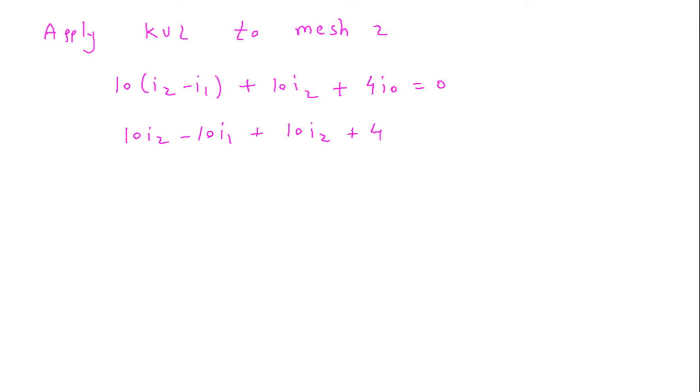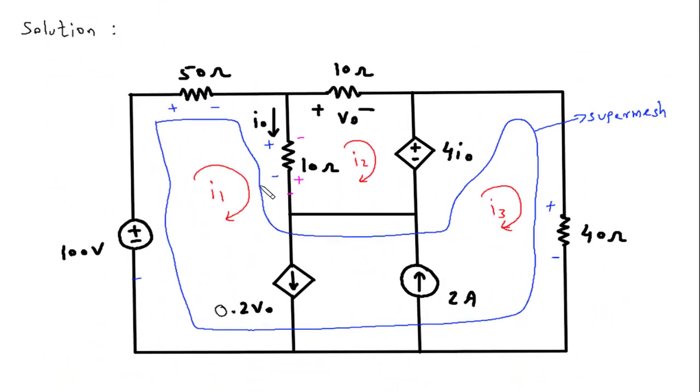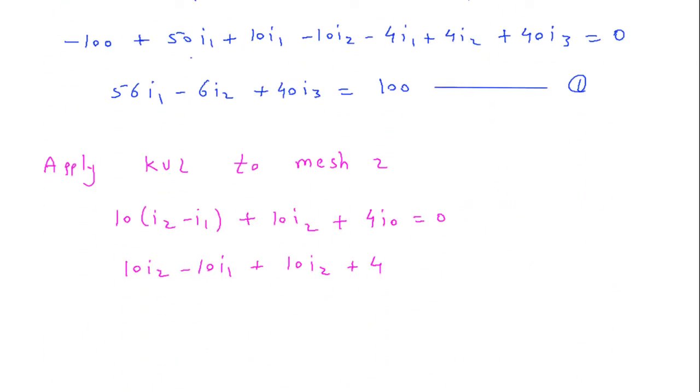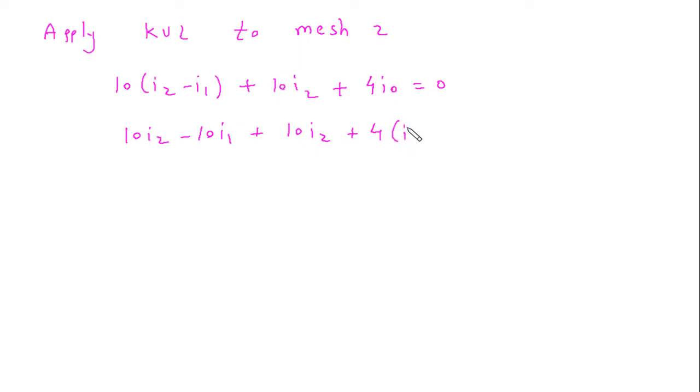Now this IO is replaced by I1 minus I2. So this will be 10 I2 minus 10 I1 plus 10 I2 plus 4 I1 minus 4 I2 is equal to 0.